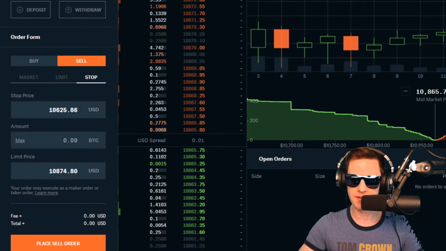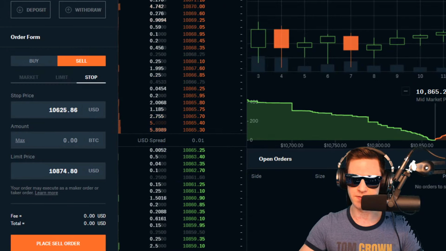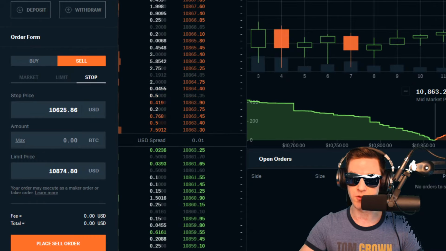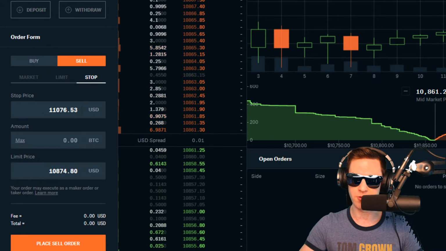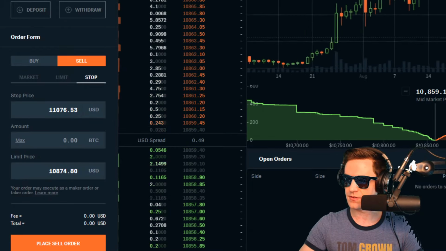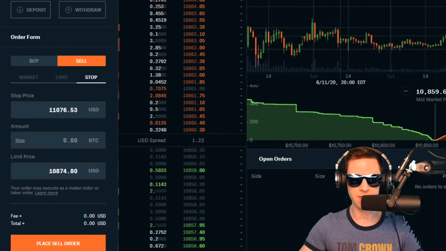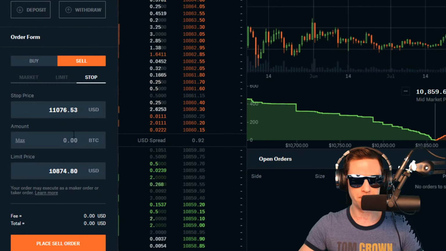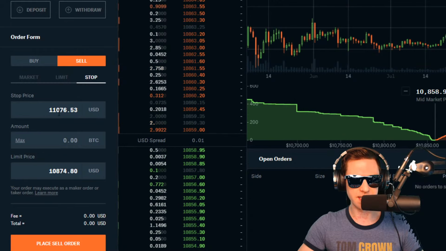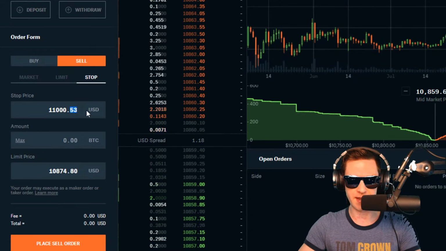Say that you were short and you wanted to have a stop loss in case price moved up and made a new local high. Let's zoom out, that's the best way to do it. Say if price goes above 11,000, you think it's going to break out.